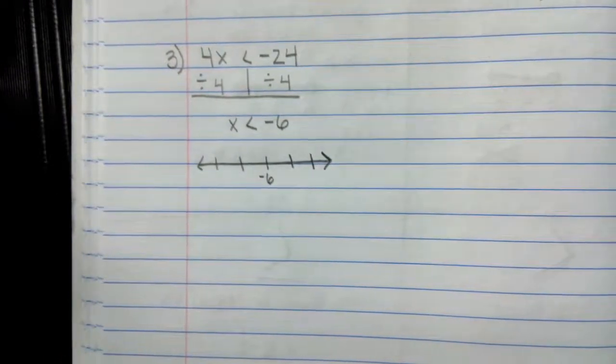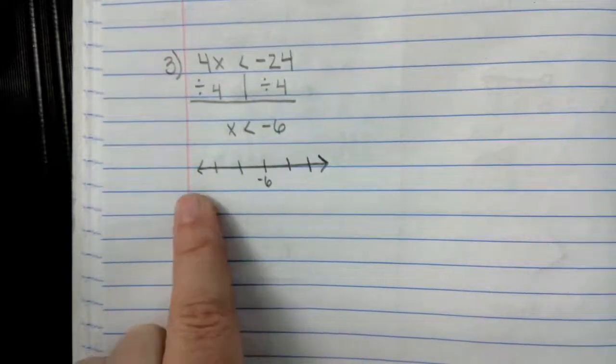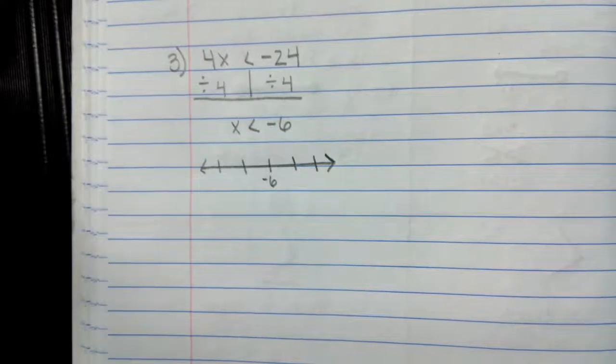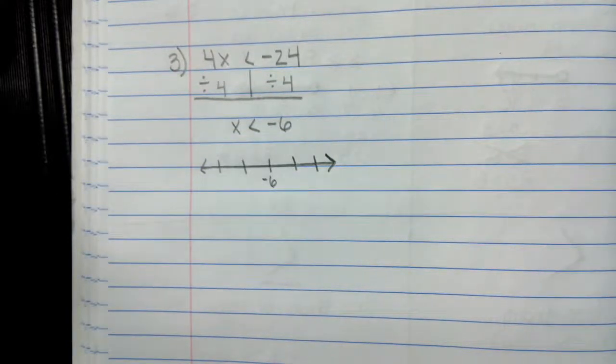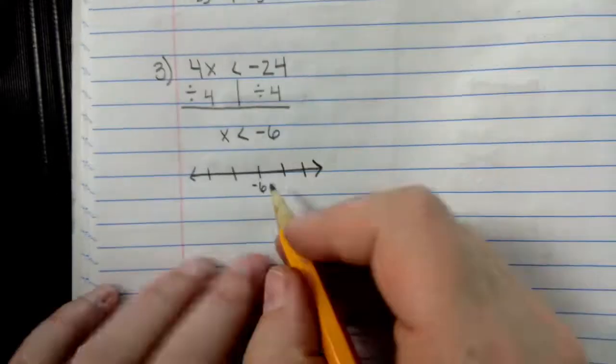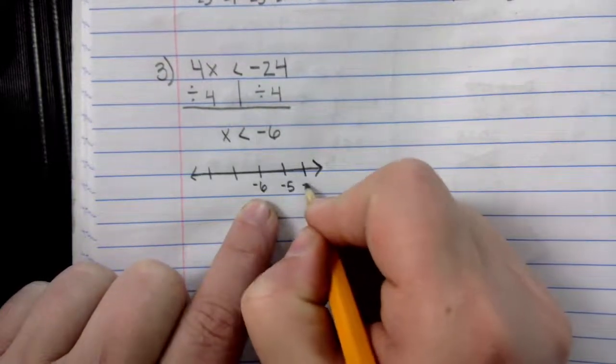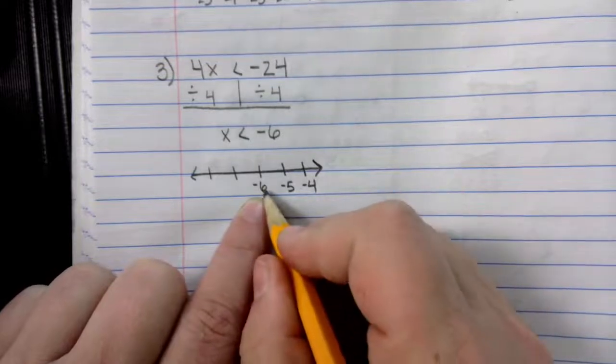But Miss Sawyer always counts towards 0 first. So for negative 6, she'd do negative 5, negative 4, and I go to negative 7, negative 8. If you tried it on your own, make sure you got those negatives in the right spot.